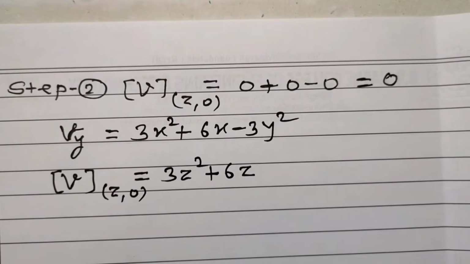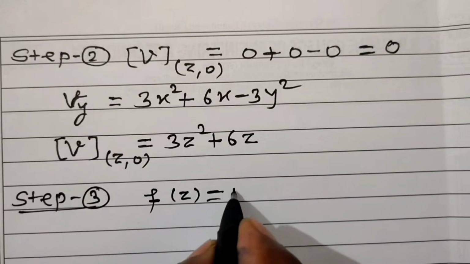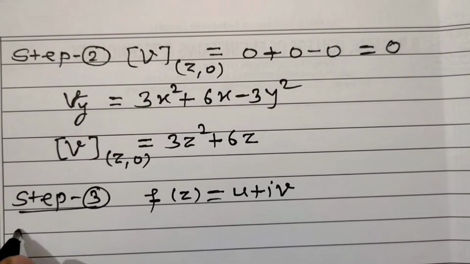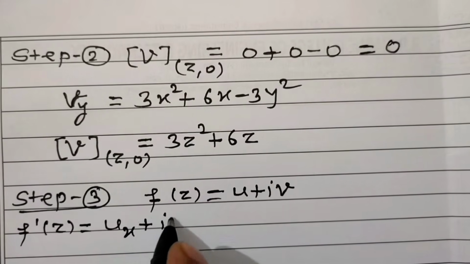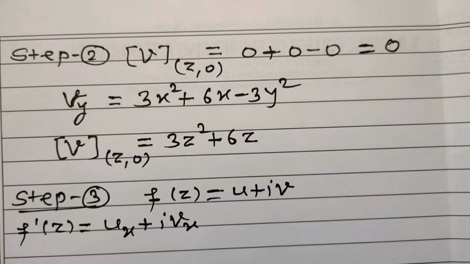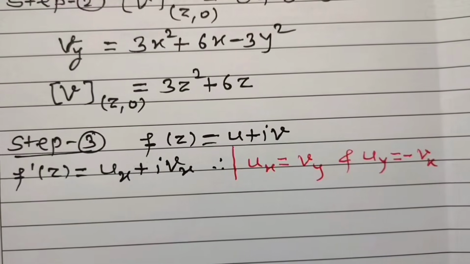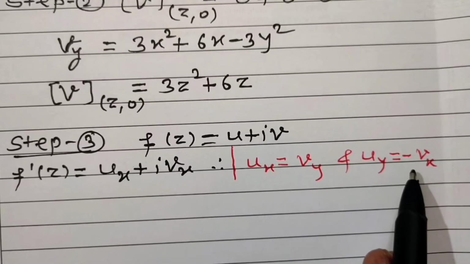Now in step number 3, f of z is equal to u plus iv. F dash z is equal to ux plus i vx. V is given, u is not given. So applying Cauchy-Riemann equations, ux is equal to vy and uy is equal to minus vx.